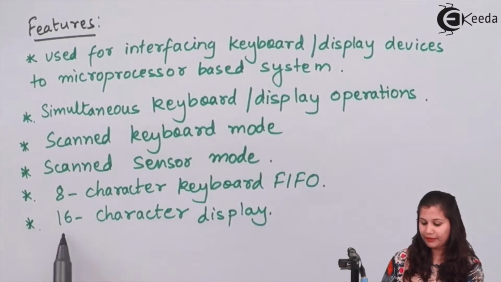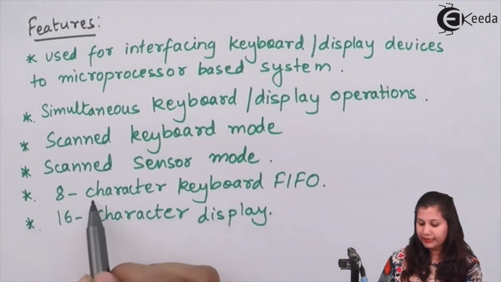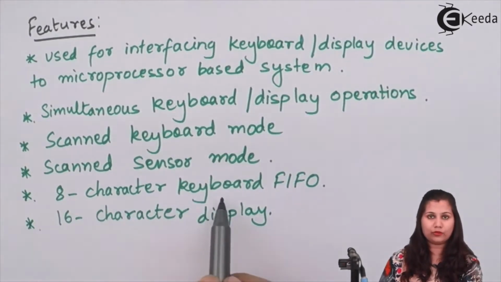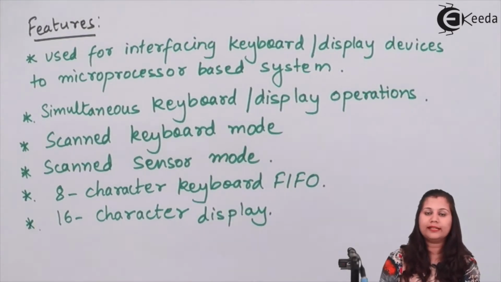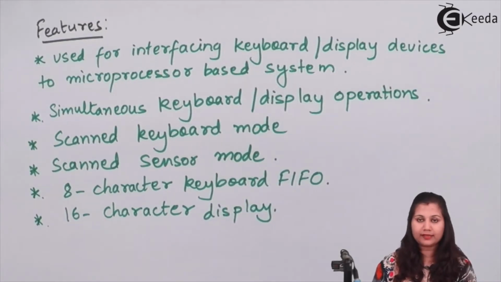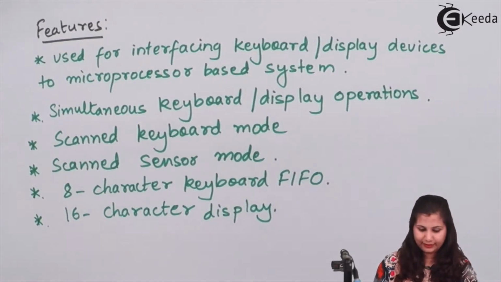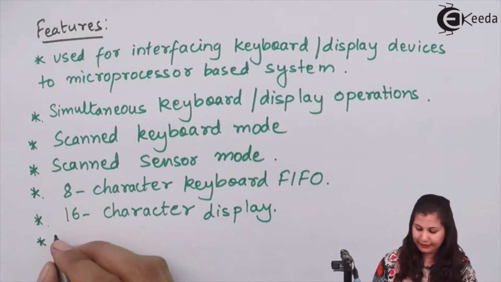Here the RAM is of 16 characters, meaning 16 bytes. So 8 characters can be stored in the keyboard RAM, and 16 characters can be stored in the display RAM. Now the next feature of this 8279 is right or left entry 16 byte display RAM.